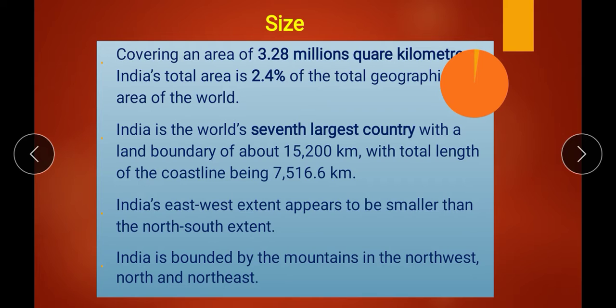So it means India is the 7th largest country of the world in terms of area, but in terms of population, India is the second most populous country of the world.